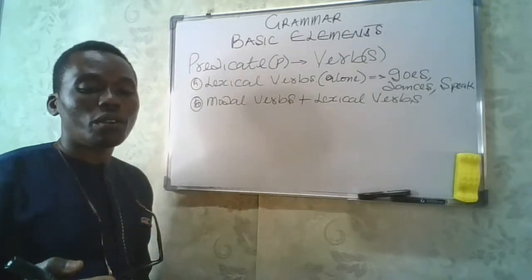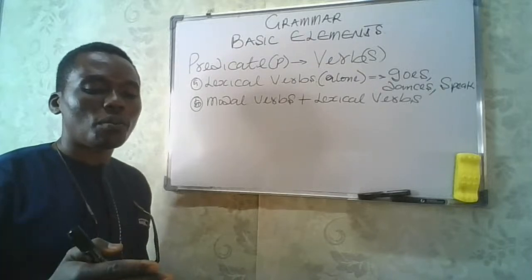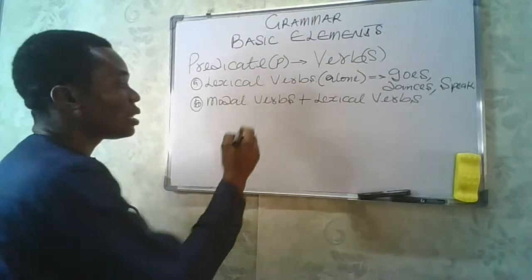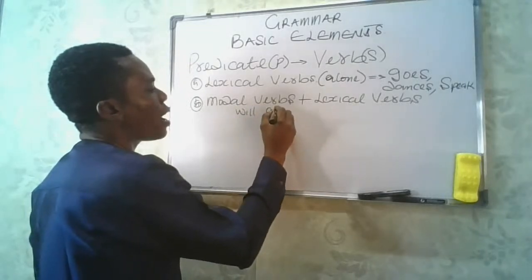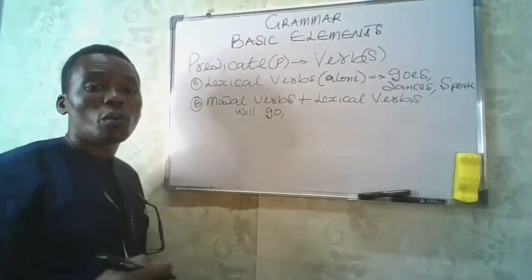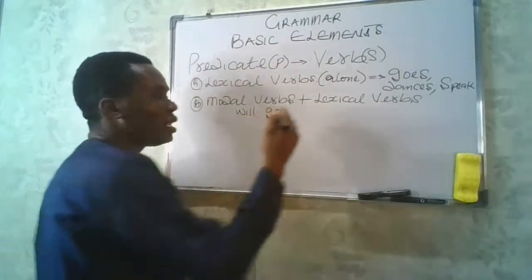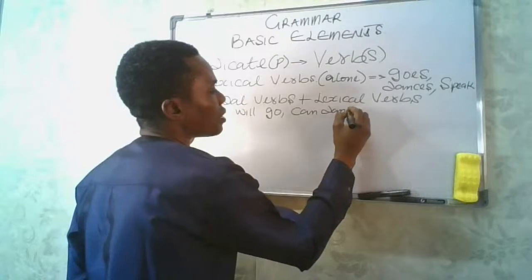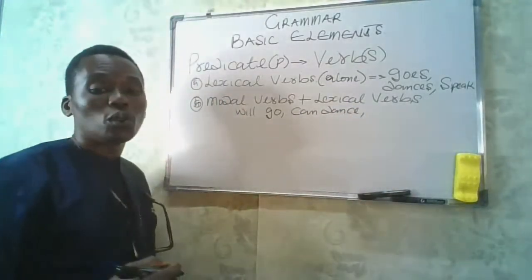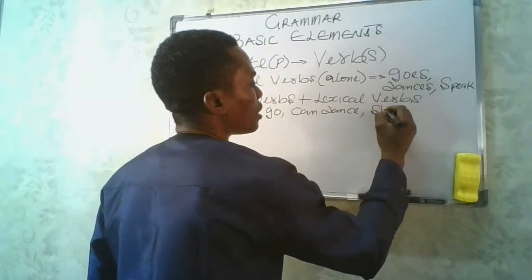They are lexical verbs. Now, when we add a modal verb with a lexical verb, we'll have something like will go, I will go. We also have something like they can dance. We can also have something like we shall speak.